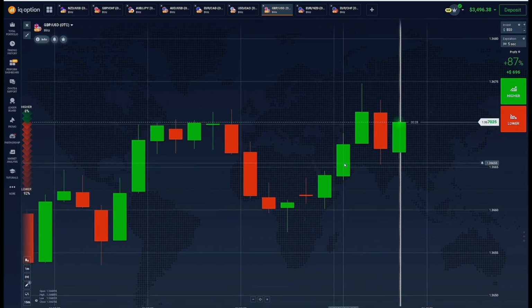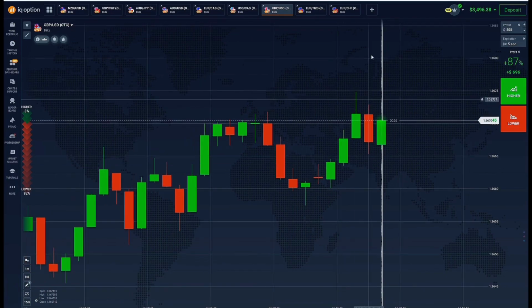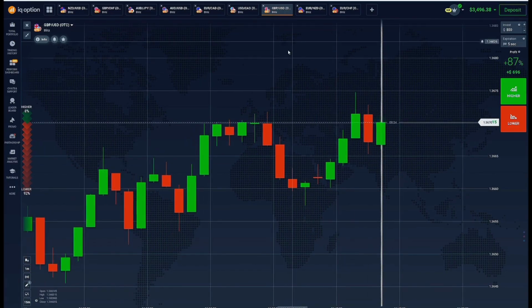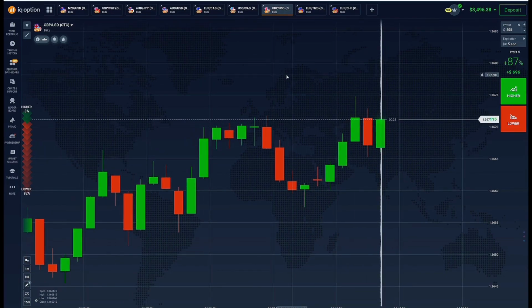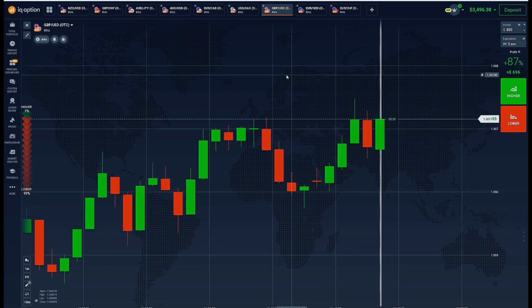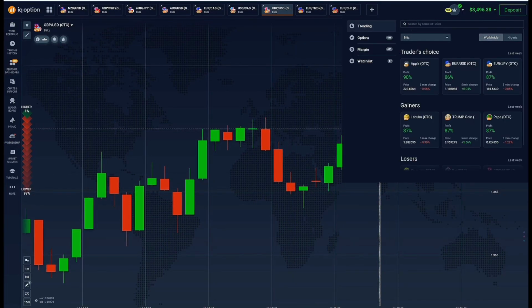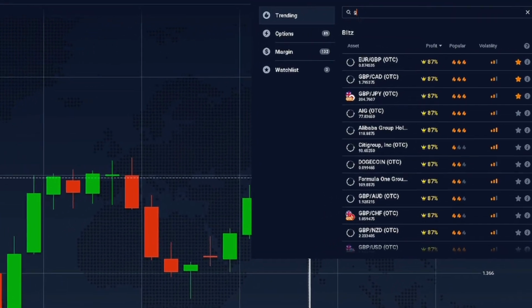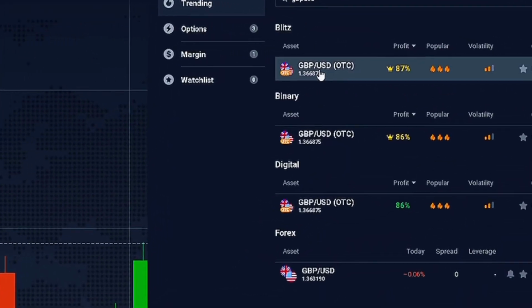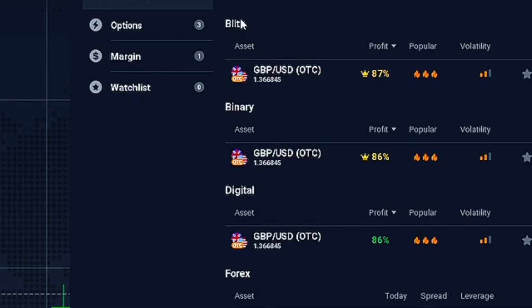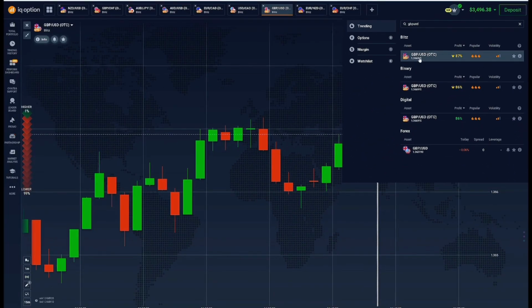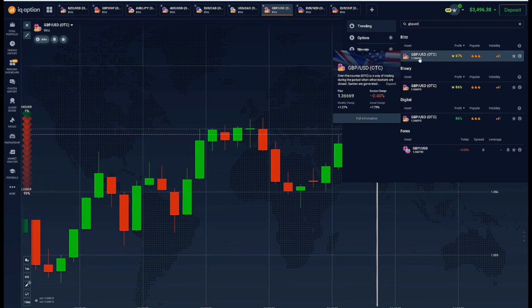The pair we are looking at currently is GBP USD, and always make sure that whatever you are trading is under Blitz. For instance, if I look up GBP USD, you see that we have GBP USD under Blitz and GBP USD under binary. The one you are going to select is GBP USD under Blitz.